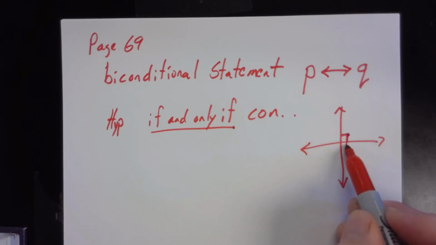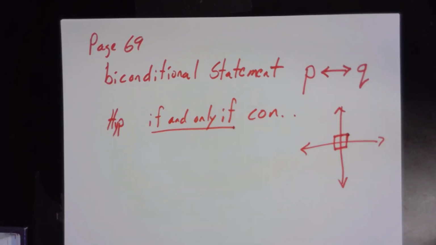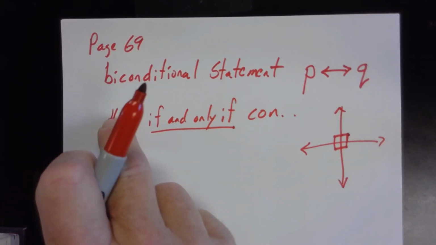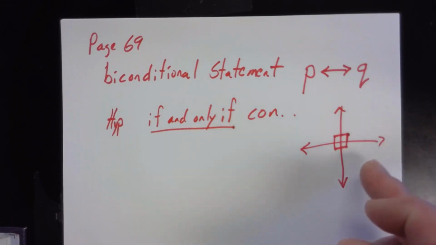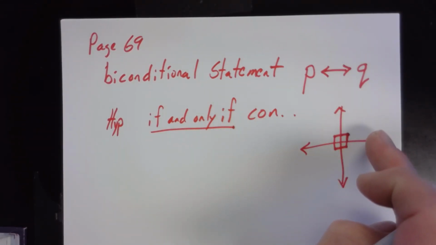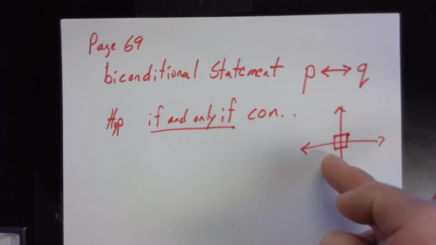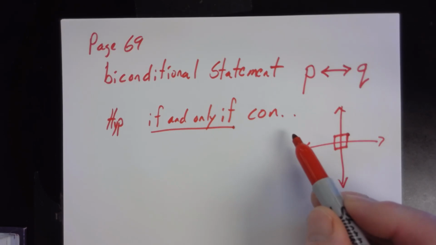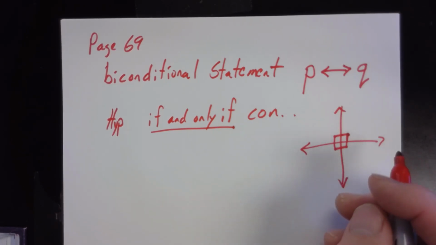Or I suppose we could say four right angles, couldn't we? That's how a biconditional works. And it doesn't matter which one is the hypothesis and which one is the conclusion. So if we want to say, two lines in a plane intersect to form a right angle if and only if they are perpendicular. That's how a biconditional works.